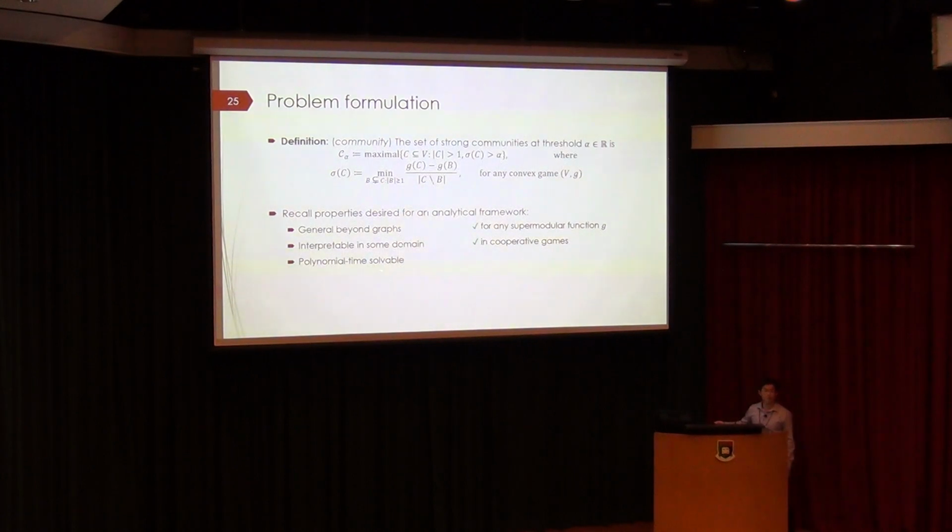Now, what about polynomial time solvability? Well, this is a maximization over all subsets, so there are exponentially many subsets. This is also a minimization over a subset B, so there are also exponentially many subsets. So do we have a polynomial time solution?